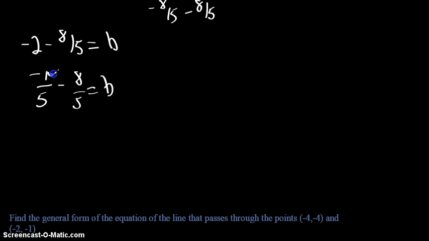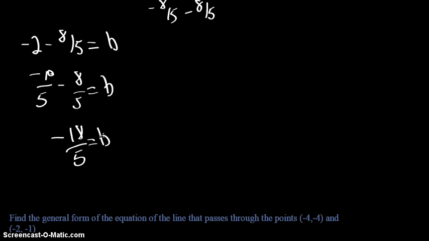Because remember, -10 over 5 is -2. So I have two subtractions. -10 minus 8 is actually -18. So I get -18 over 5 equals b. Not the nicest problem with a lot of fractions.